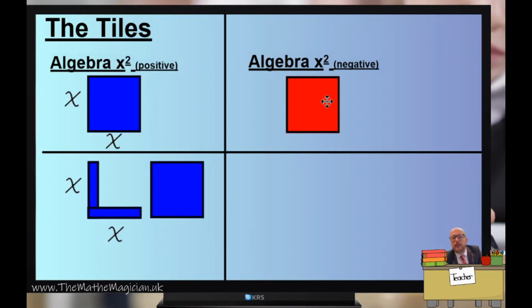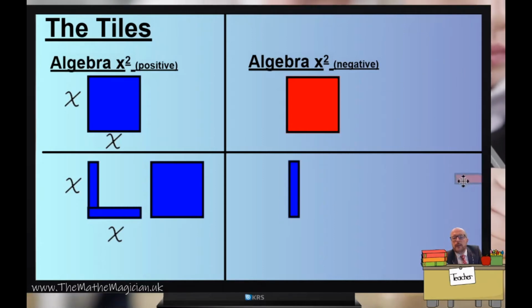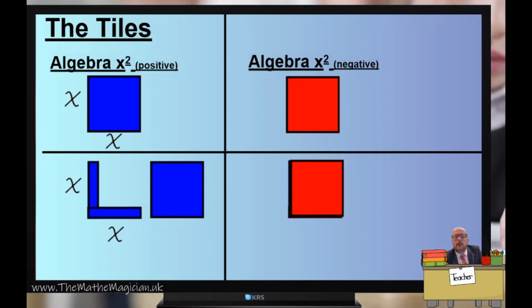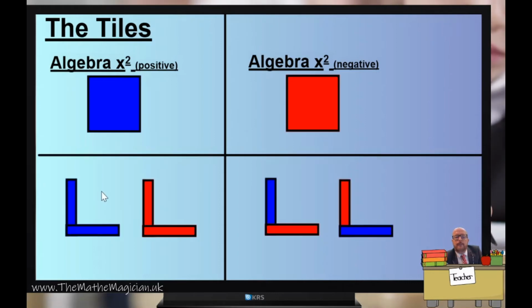Now there's something a bit weird about negative x squared, because we make it out of an x times by a negative x, because the only way you can get a negative is by doing different signs. So a positive x times by a negative x gives me a negative x squared. Let's put the diagram.